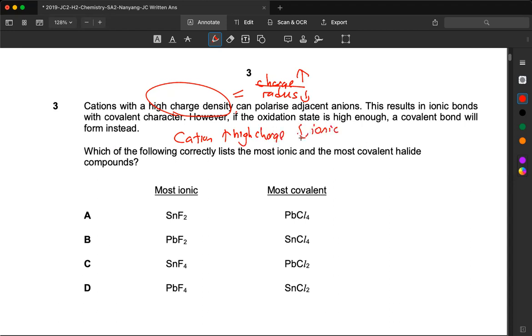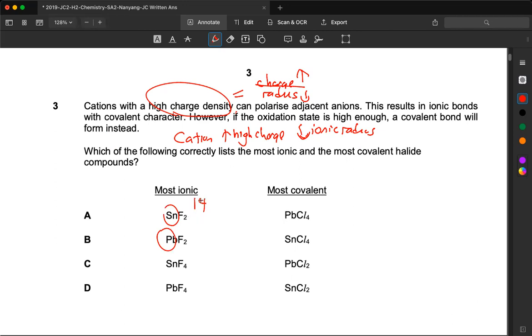It's ionic radius, not covalent radius. So this cation with high charge density will then be able to polarize the anion electron cloud more to form the covalent bond.